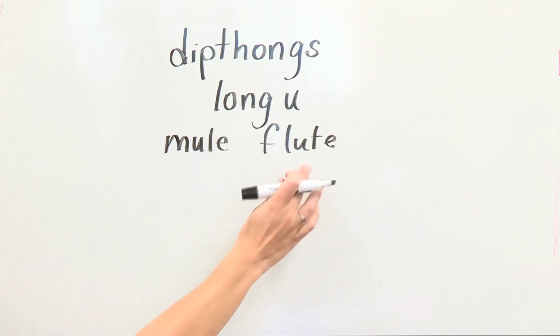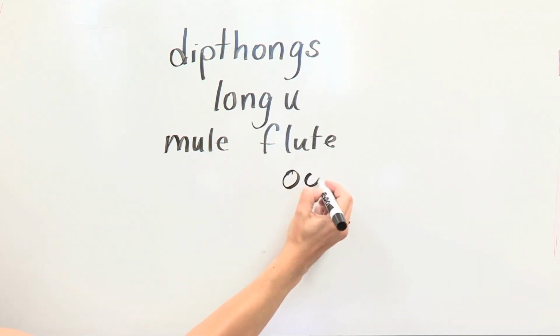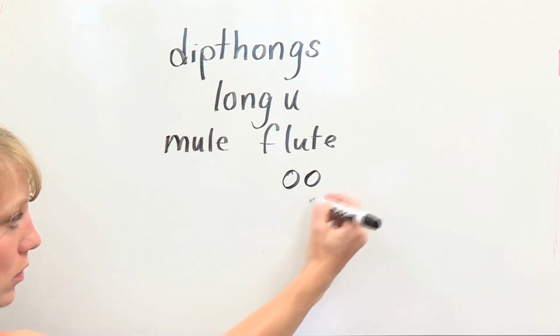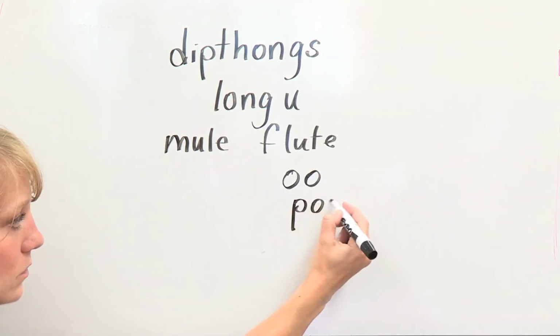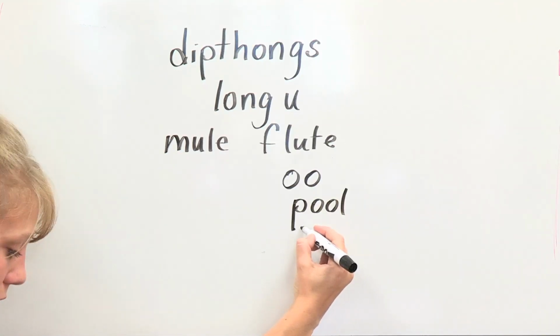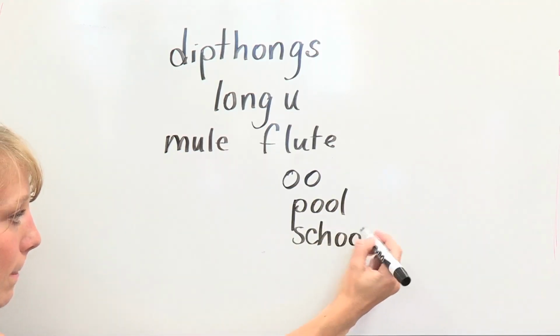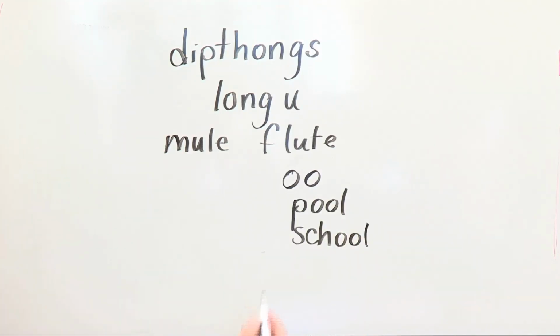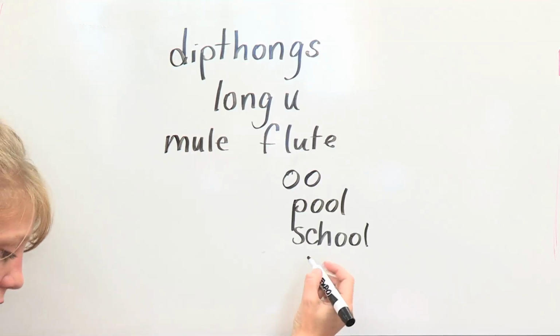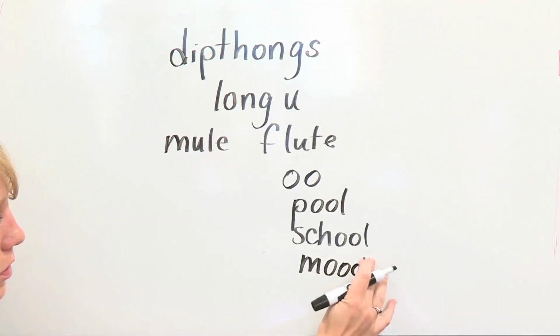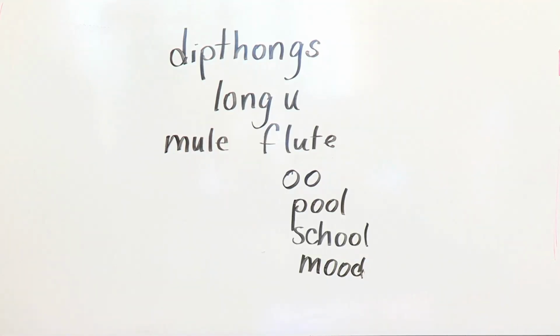So with that, we have our double O, that's the sound as in pool, school, make that flute, pool, school, and then mood. So those are what you consider the double O sound.